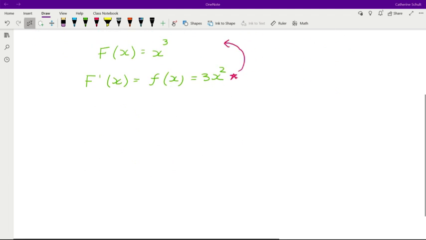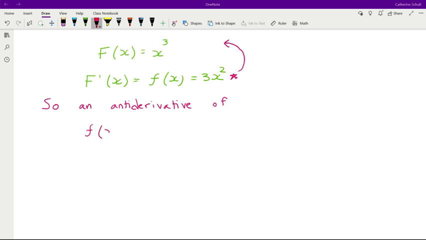So one antiderivative of f of x equals 3x squared is big F of x equals x cubed. We'll talk about how there can be more than one antiderivative.